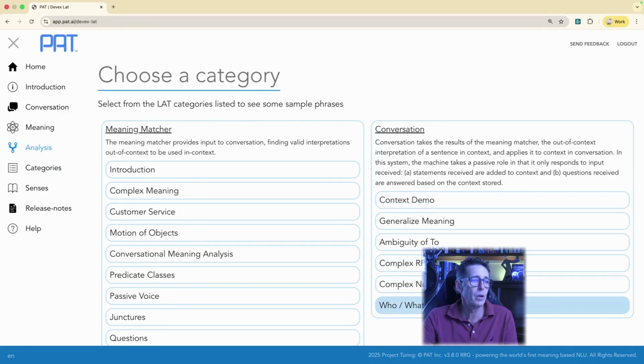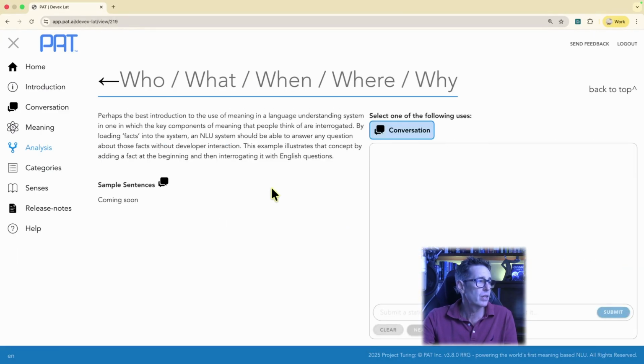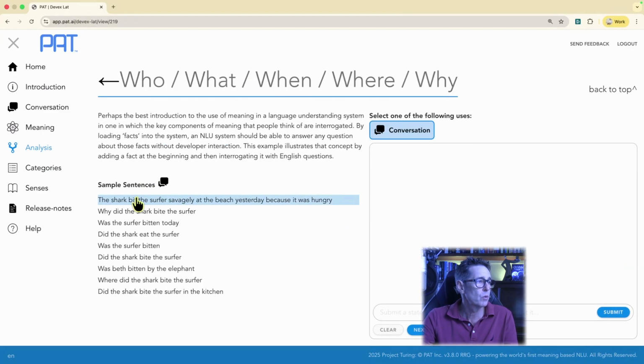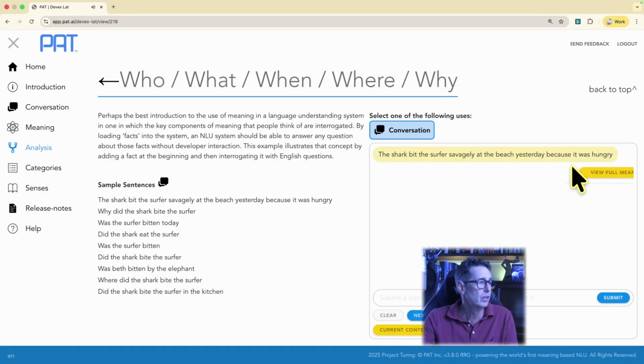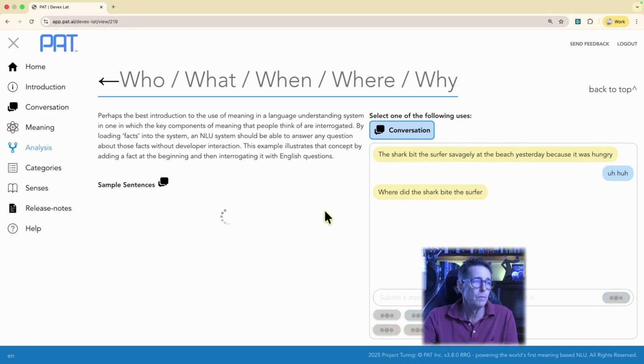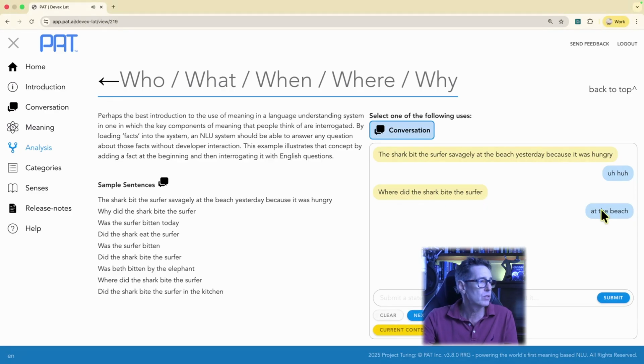And we've got a whole bunch, but I'll only show you one example. A shark bit the surfer savagely at the beach yesterday because it was hungry. And then if we asked a question like, where did the shark bite the surfer? At the beach. It was at the beach because the shark bit the surfer at the beach savagely.